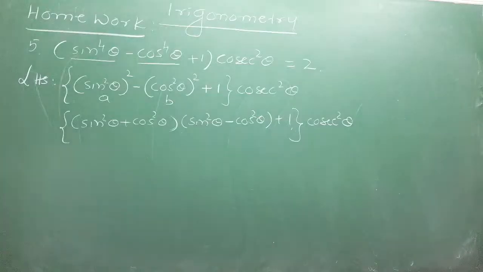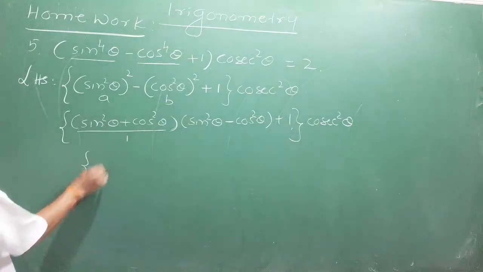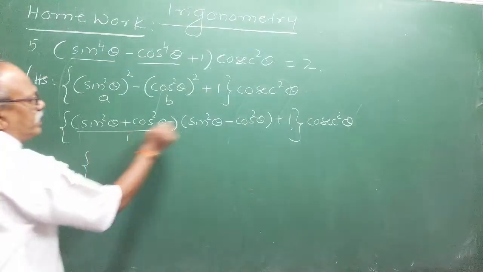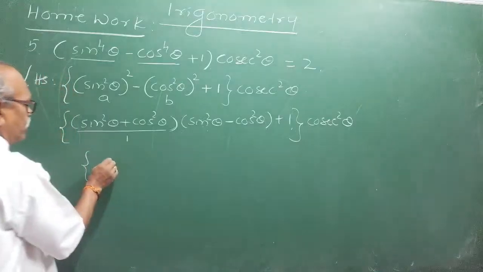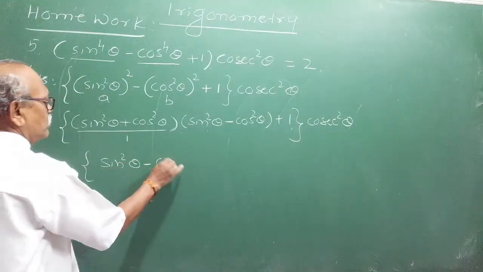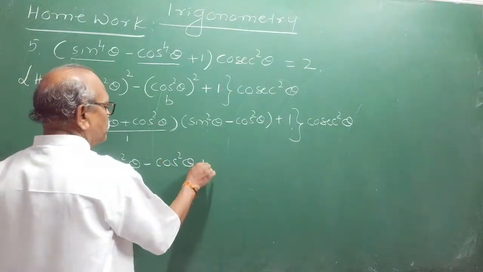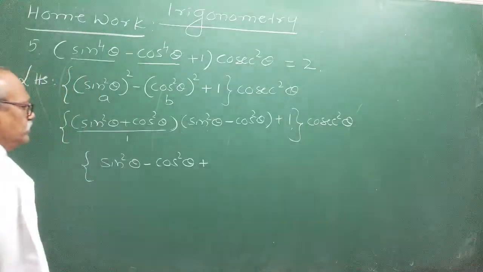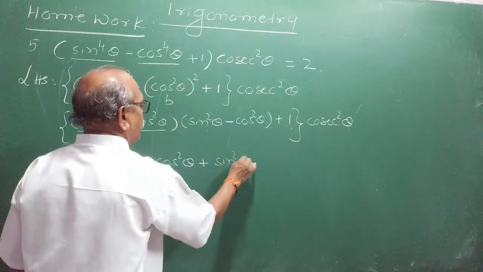Now you know that sin square theta plus cos square theta is equal to 1, right? Therefore, I will write it as 1. 1 into this will be the same thing: 1 into sin square theta minus cos square theta is sin square theta minus cos square theta. You have plus 1. 1 can be written as sin square theta plus what?